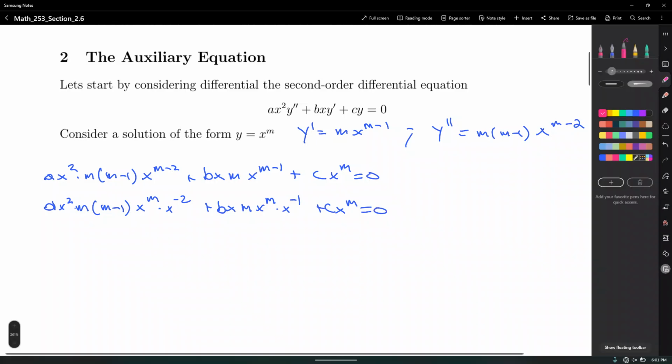Why are we doing this? Because you may not want to mess with negative exponents, right? So this cancels out, this simplifies, leaving us with am times m minus 1 x to the m plus bm x to the m plus c x to the m power equals 0. How about we factor out this x to the m?